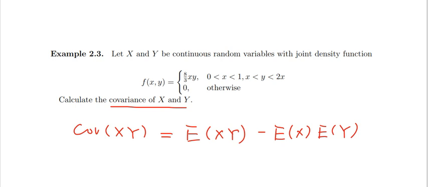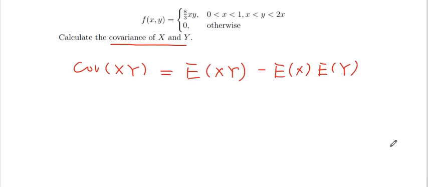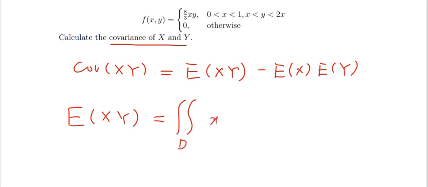So find those things, just the double integration, right? So let's check one of them. Let's find E[XY]. That equals this double integration, x times y times f(x,y) dx dy, okay?